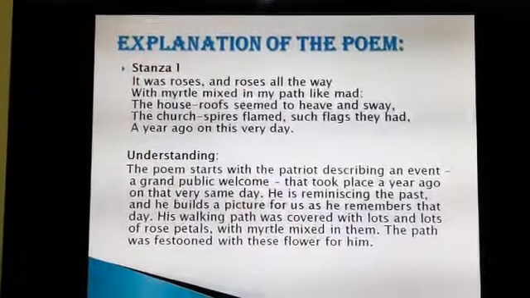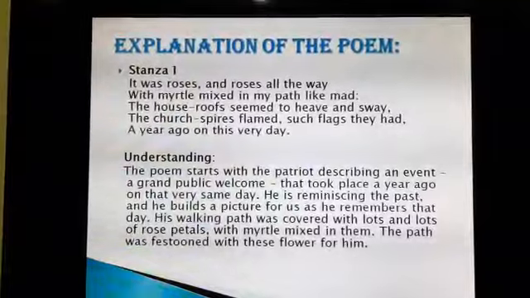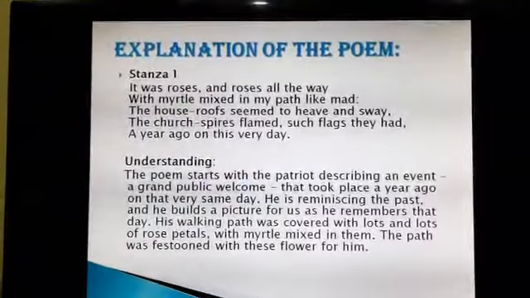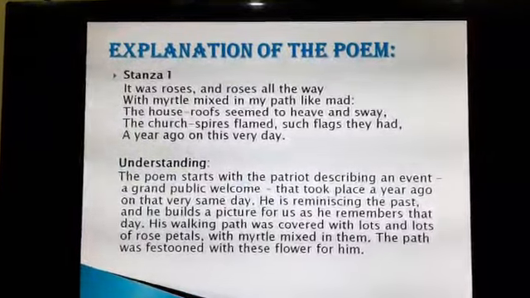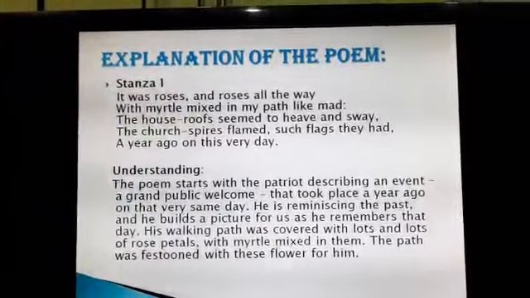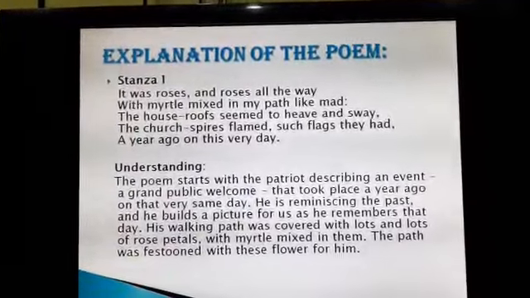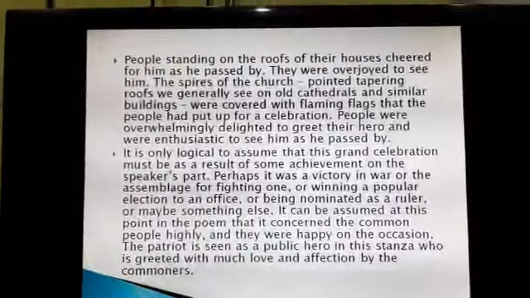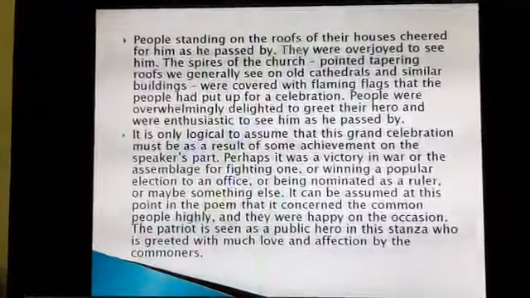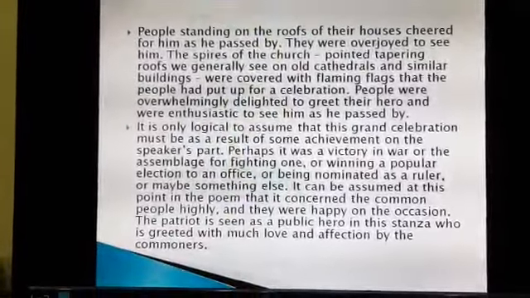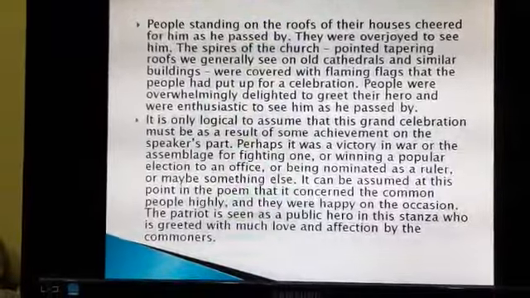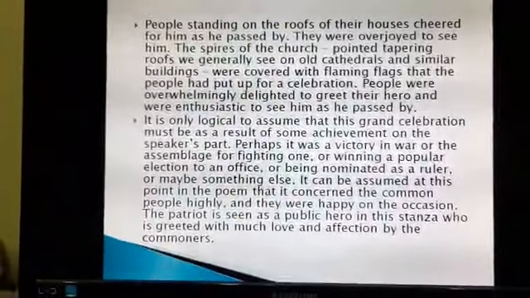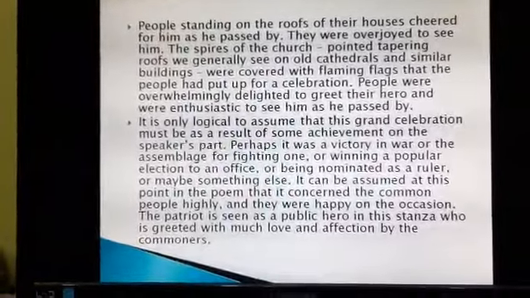His walking path was covered with lots of rose petals mixed with myrtle. The path was festooned with these flowers, especially for him. People standing on the roofs of their houses cheered for him as he passed by. They were overjoyed to see the patriot.